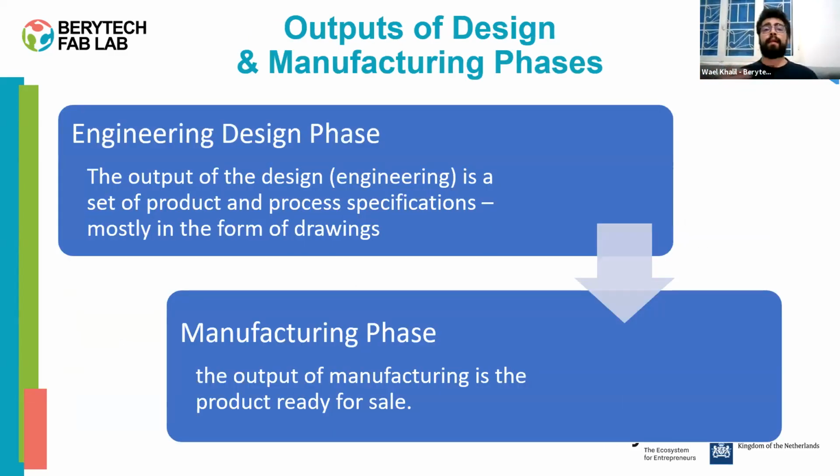So the output of the engineering design phase is the specifications and the drawings, and the manufacturing phase receives these drawings and makes the physical product. The manufacturing phase could be done locally or remotely, in China or elsewhere, depending on the product that you are developing and the specialization needed.